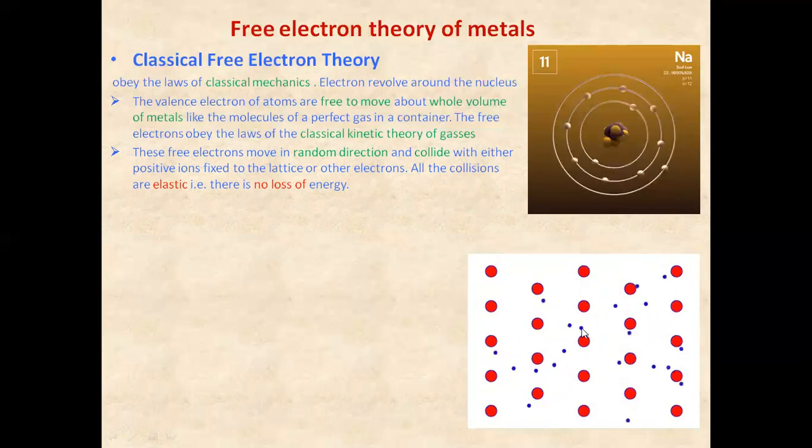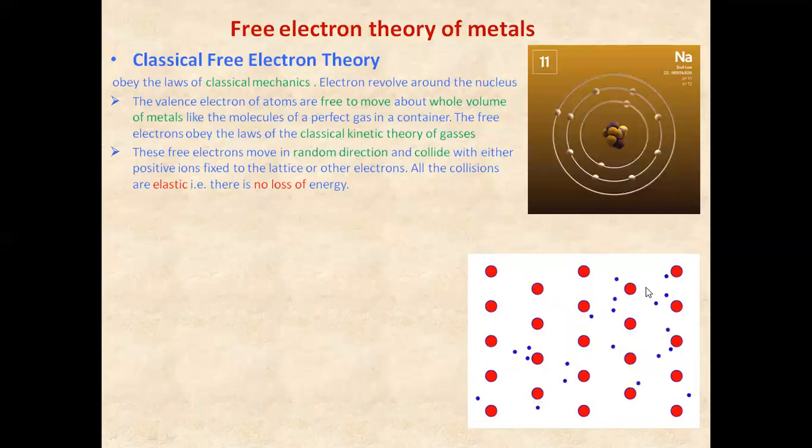That means this electron will collide with another electron. That's why all the collisions are elastic. Elastic collision means there is no energy loss during the collision.